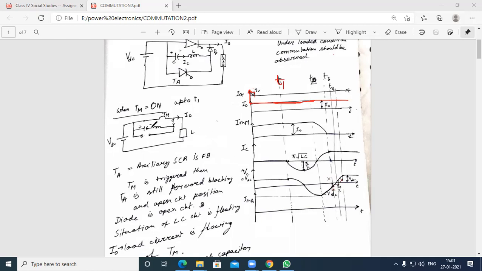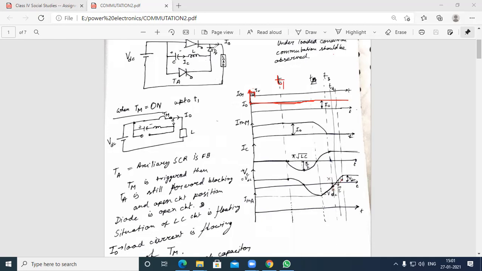Now you can see that the capacitor here will be positive. So this terminal is positive. Similarly, since the main thyristor is on, this terminal is also positive.